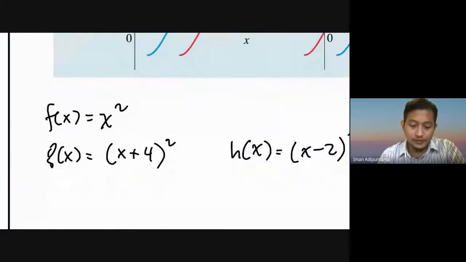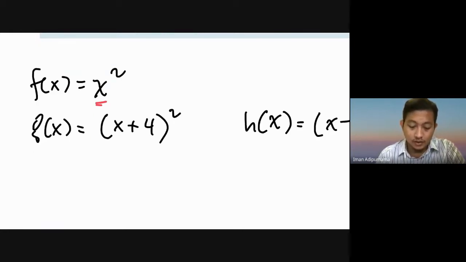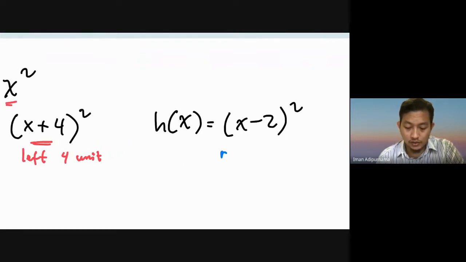So if we still have x squared, and how to make the movement, this is going to the left 1 unit. This is going to the right 2 units.